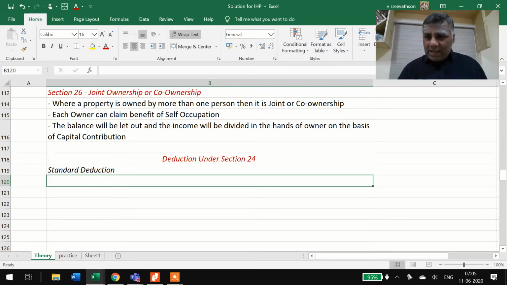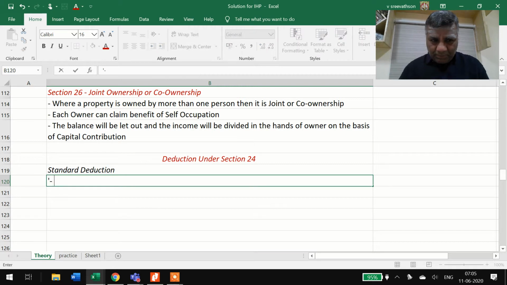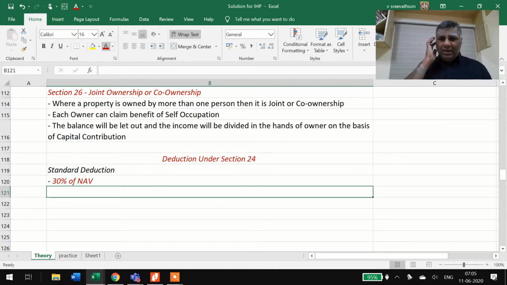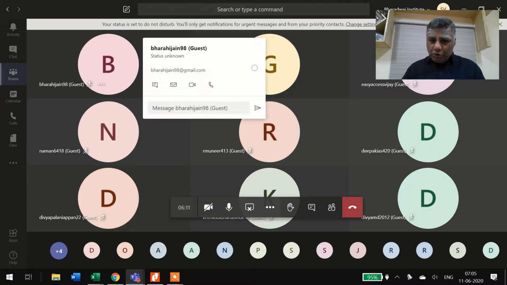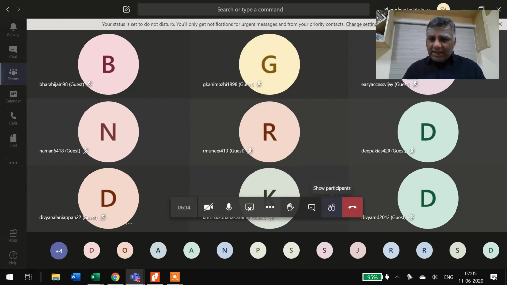Here, standard deduction is 30% of NAV. 30% of net annual value, friends. So if net annual value is rupees 1 lakh, standard deduction is 30,000.